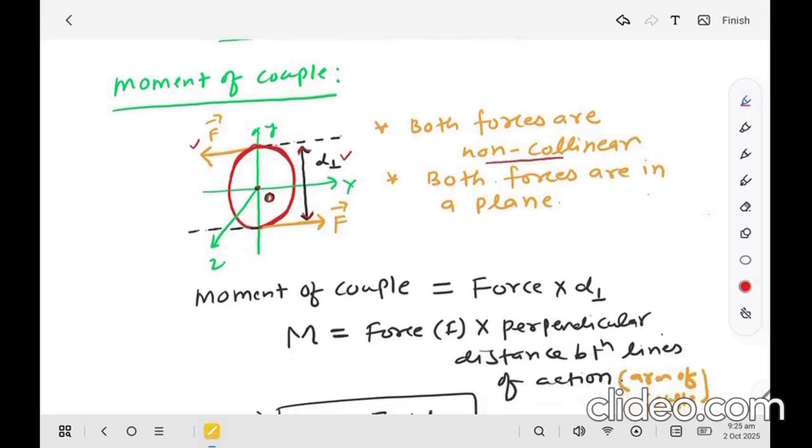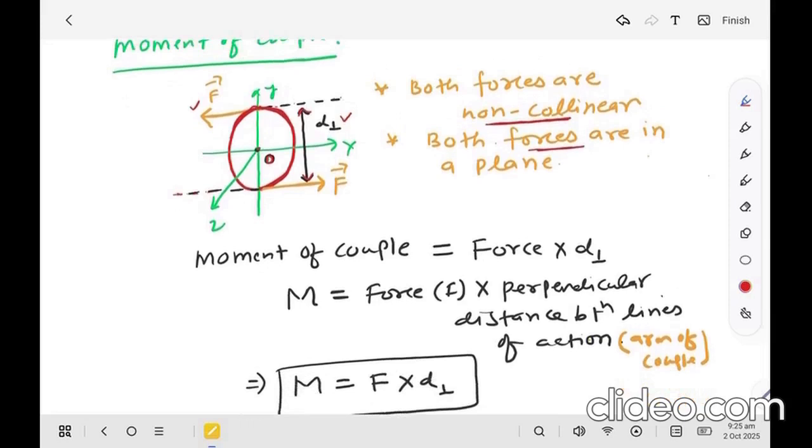The forces which form a couple are always non-collinear, because the lines of action are not passing through a common line. The lines of action of both forces are different and both forces always lie in a given plane. It means both forces are coplanar forces.